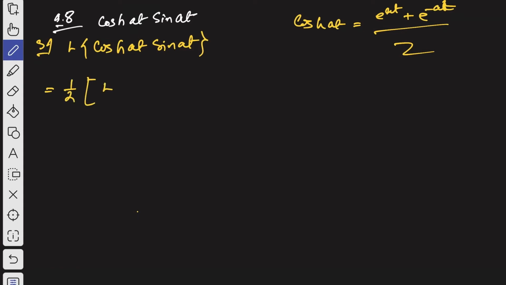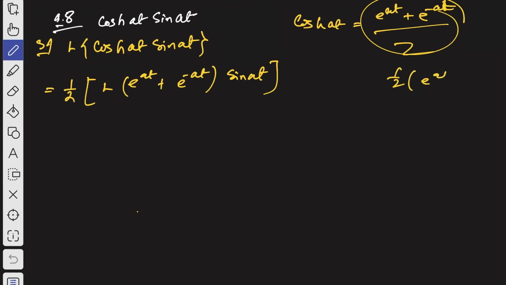So then the Laplace transformation of (e to the power at plus e to the power minus at) into sine at. That's what we have done, right? So here this can be written as half of (e to the power at plus e to the power minus at), so this half is taken outside as it is a constant. So hope you have got this.